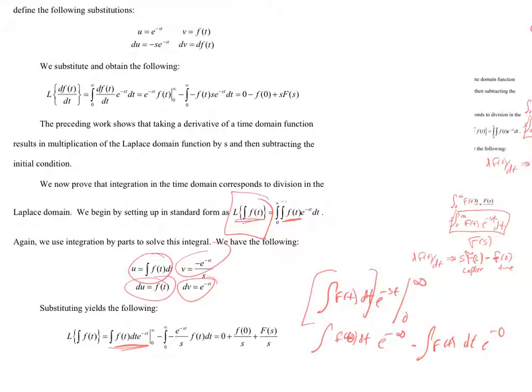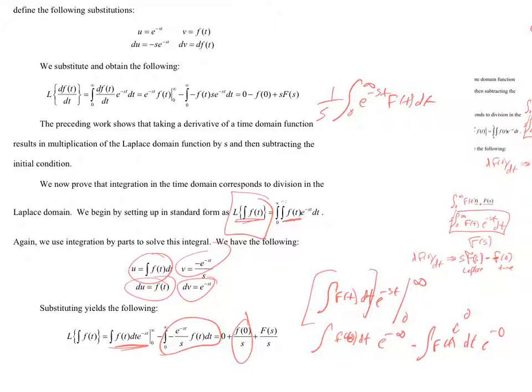So essentially, this term here gets substituted as a 0. So I end up with my f of 0 term, my initial condition divided by s. This expression over here, let's bring that up over here, and we have 0 to infinity e to the minus st f of t dt.